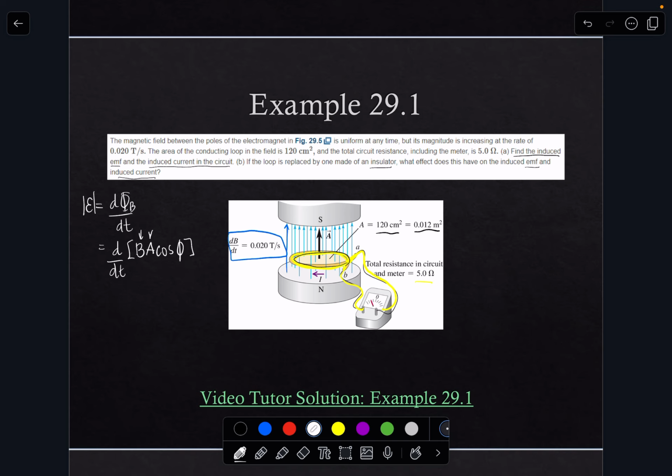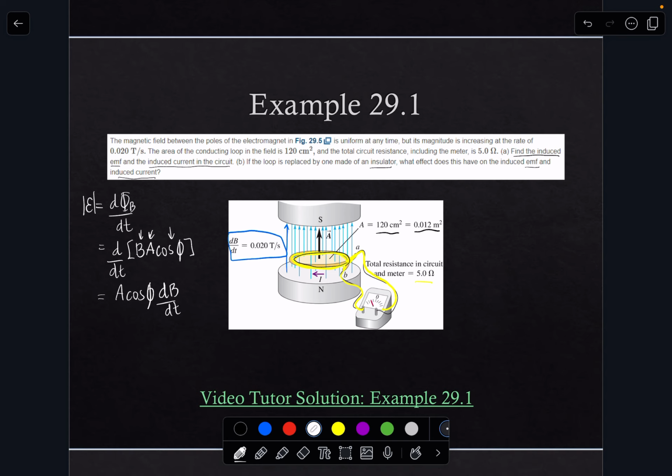We're definitely given A, and we're not given cosine of that angle, but we can figure that out. Before I plug in some numbers, what I want to do is apply the differential to only the parameters that are changing with time, which is B, right? So anything that's not changing with time is a constant with respect to that differential, and it can come out of the equation. So I'm going to pull out my A cosine φ. What I'm left with is dB/dt.